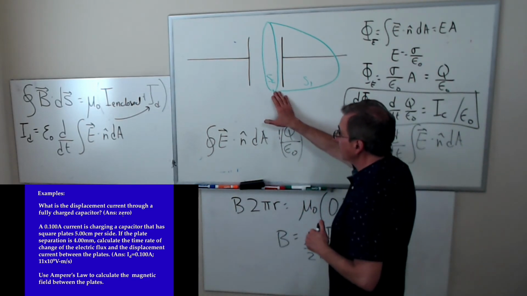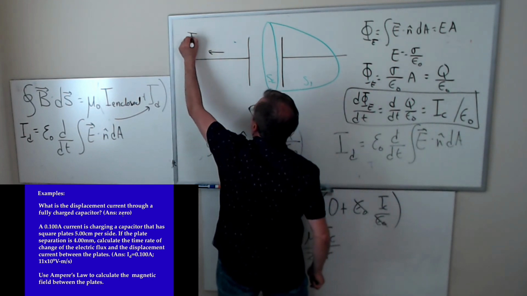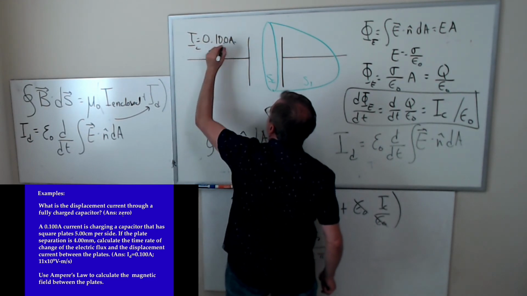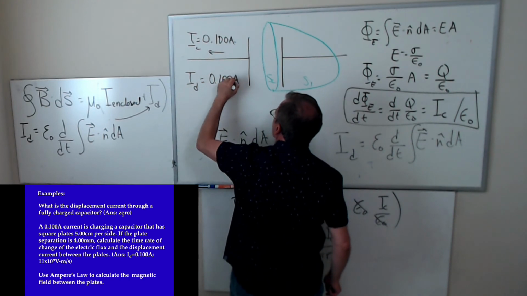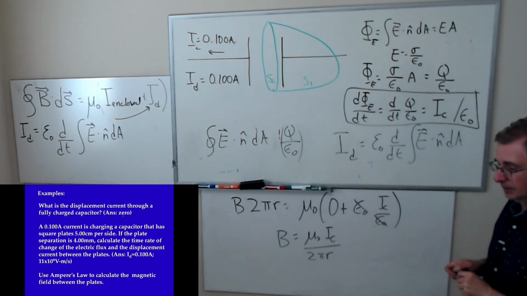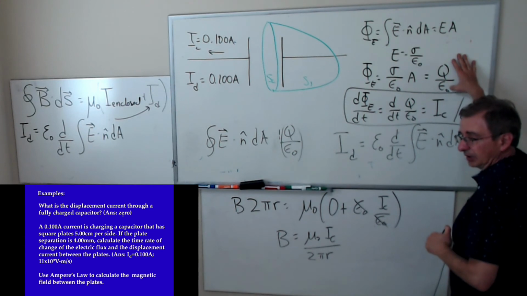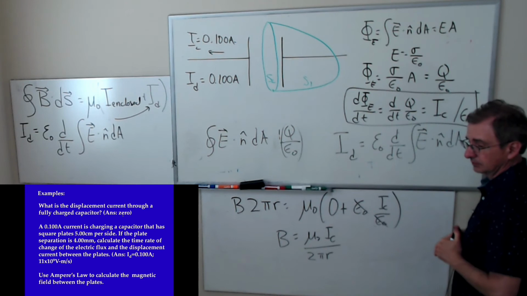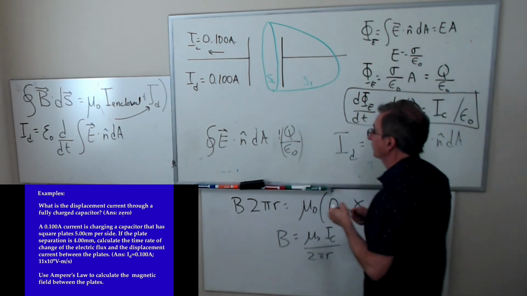What's the displacement current here? If I is this, then I sub d has to be the same. What's the time rate of change of the electric flux between the plates? Well, it's going to be the current divided by epsilon naught.